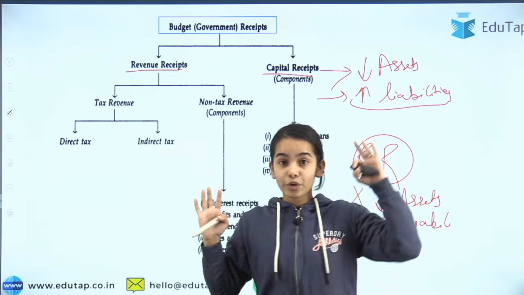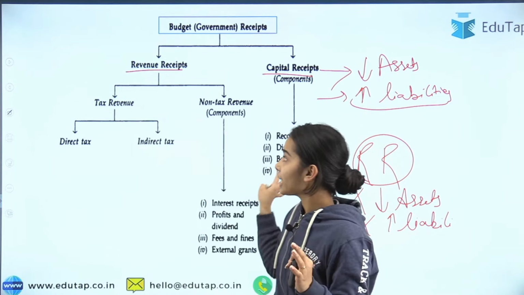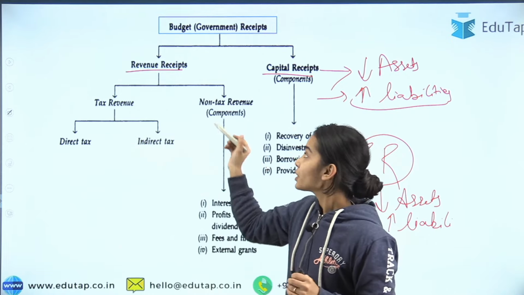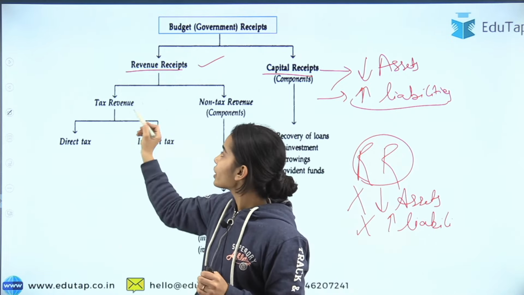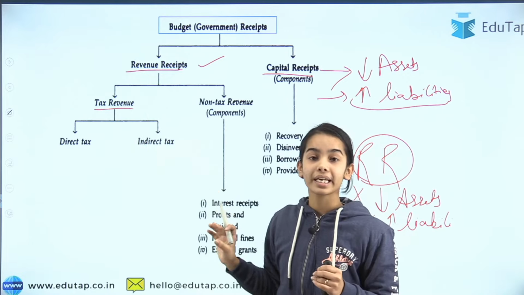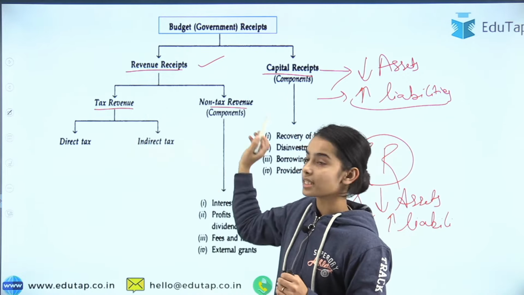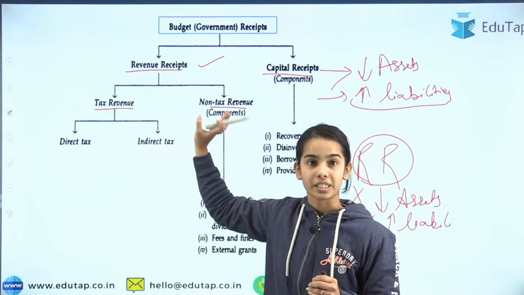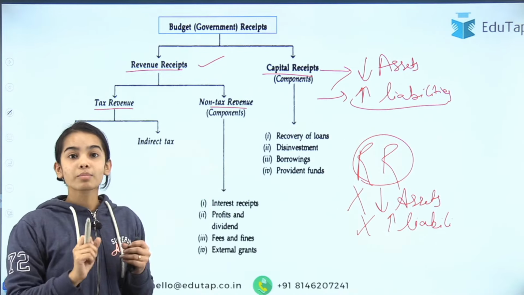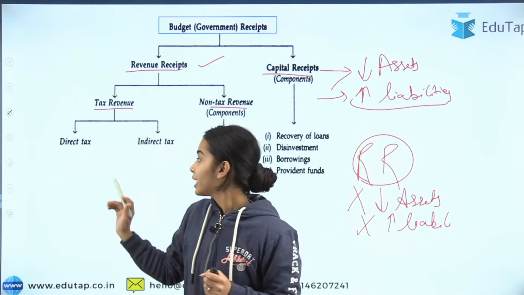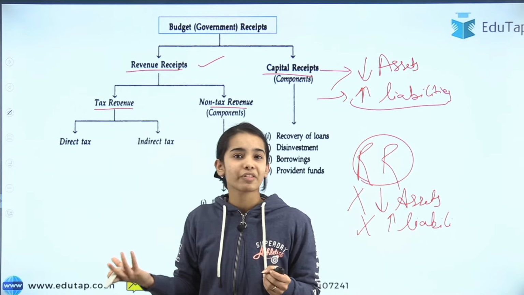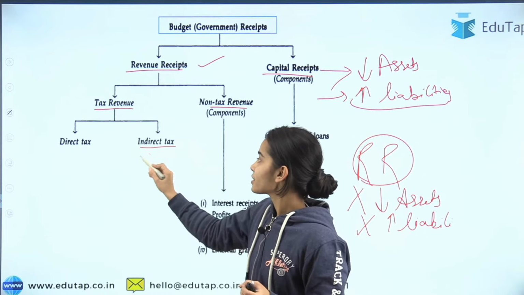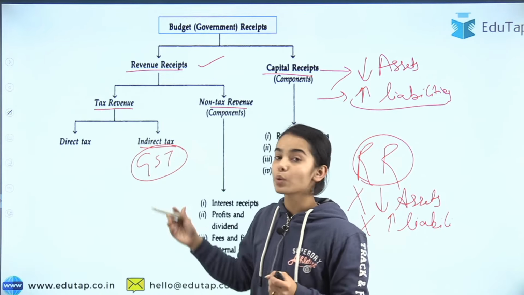Now you will understand this more clearly by this picture. In the case of revenue receipts, the government gets tax revenue and non-tax revenue. In tax revenue come the direct tax and the indirect tax. Direct taxes, like income tax and wealth tax, the government gets directly from the people. Indirect tax is like GST, which is imposed on goods and services.